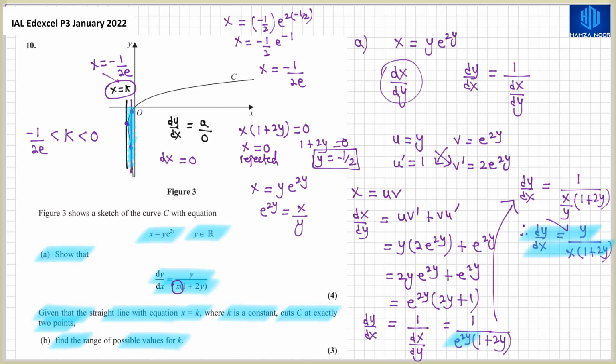So this is basically our required interval of k, which is the interval of the values of x, since x equals k is the vertical line by which we are comparing the equation of the curve. So therefore your answer is that k is greater than -1 over 2e and less than 0. All right. So this was question number 10 of the International A Level Edexcel P3 January 2022 paper.